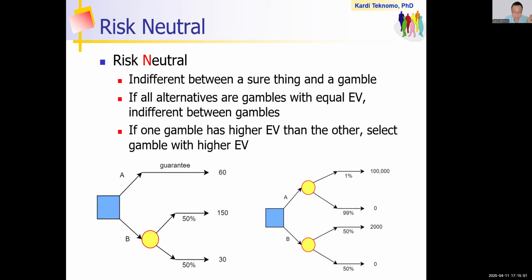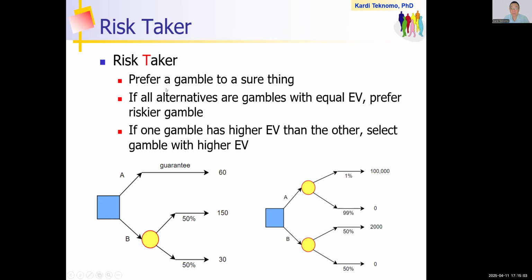And the third one is risk taker. A risk taker prefers a gamble to a sure thing, and this is where the decision analyst is trying to explain why people still buy lotto, even though the EV is actually bad. If you choose between a sure thing and a gamble, the risk taker will prefer this gamble.